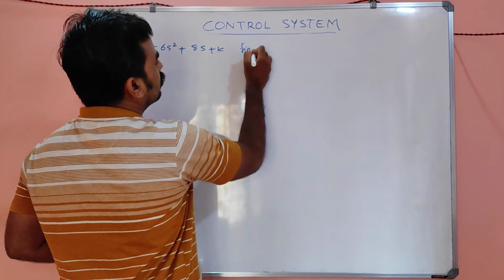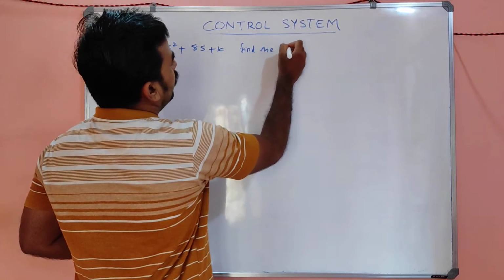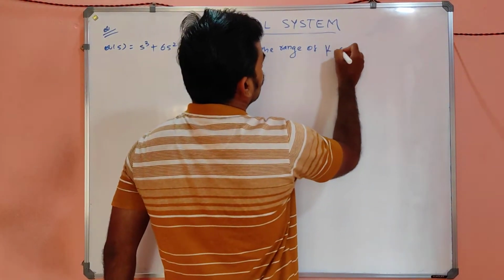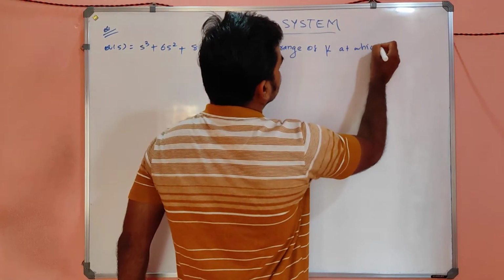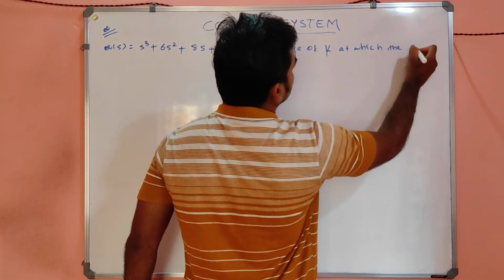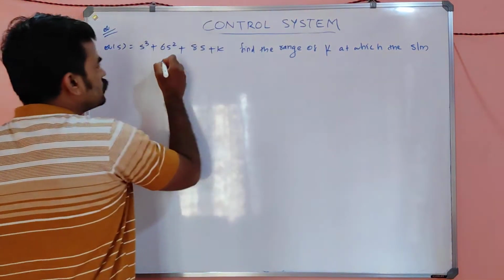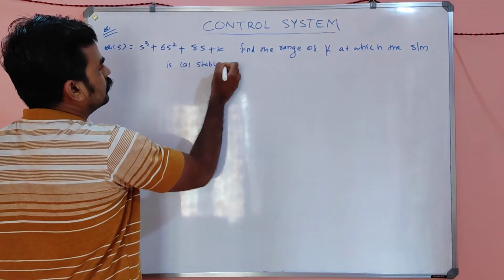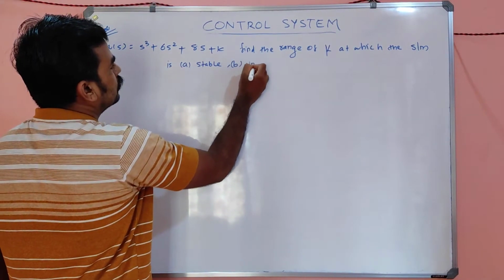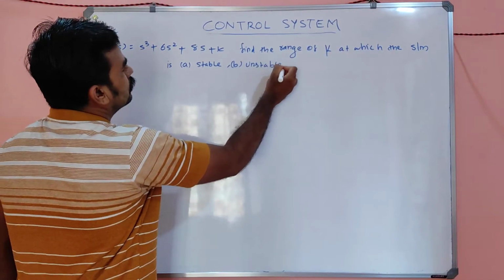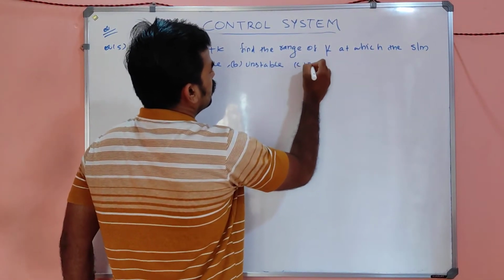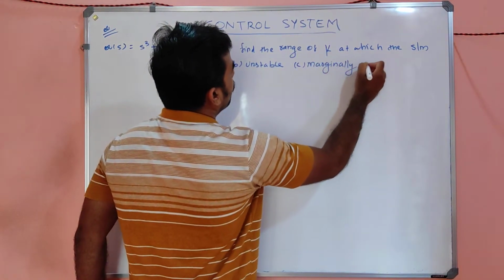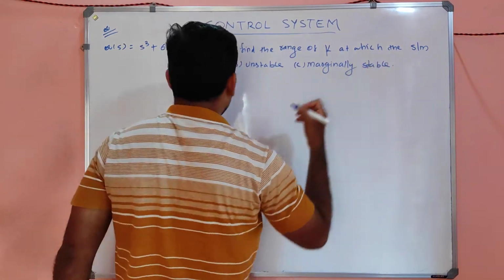Find the range of k at which the system is A, stable, B, unstable, and C, marginally stable.